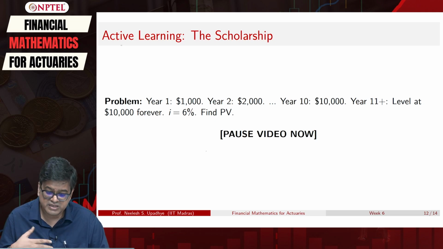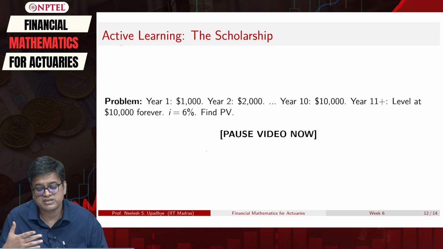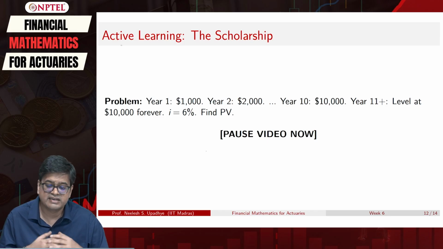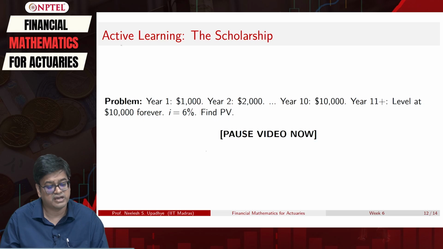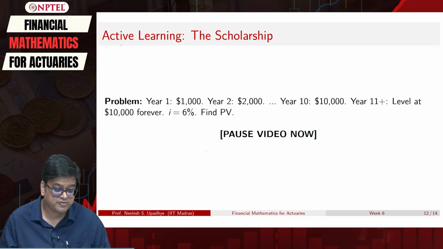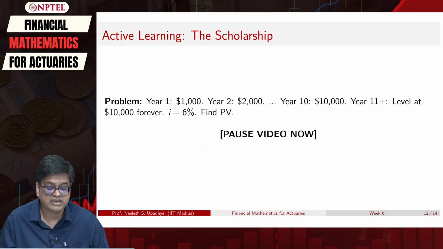The scholarship increases up to 10 years to $10,000, and year 11 onwards this will be leveled at $10,000 forever. So, if the interest rate is 6%, can you calculate the present value? Just try your hand on the other side. I will solve the problem for you. Pause this video and try for yourself.